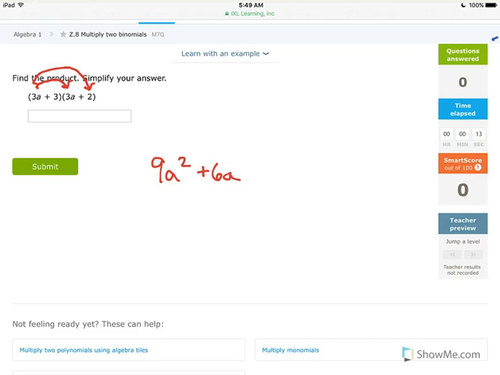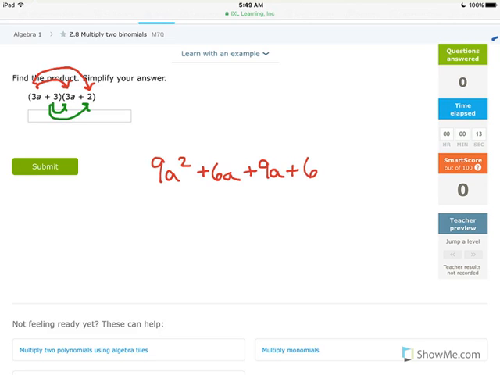And then distribute the other term. So this 3 needs to distribute in. So 3 times 3 is going to get you 9 times the a. So that's going to get me the 9a. And then 3 times the 2 is going to get you 6.